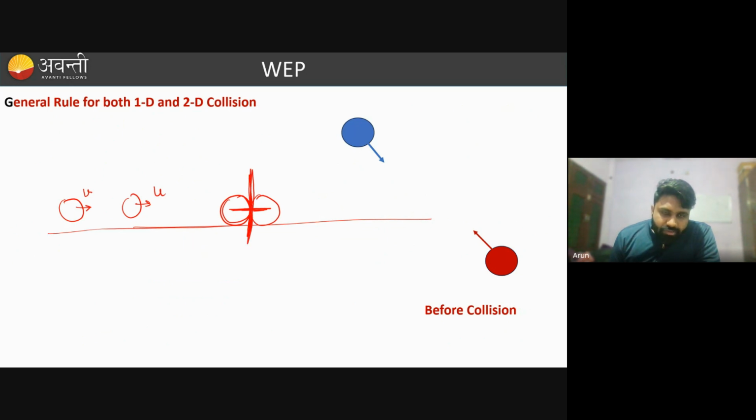The line along which they are contacting, the line passing through the center of the bodies, is termed the line of impact.